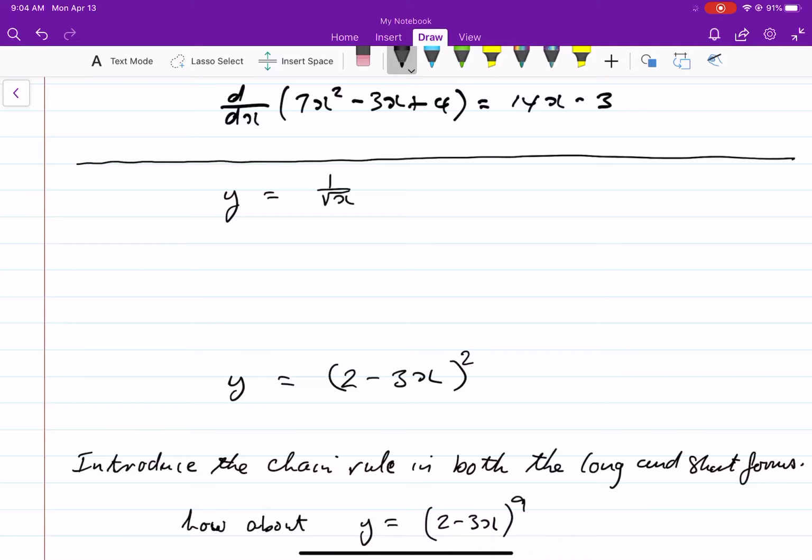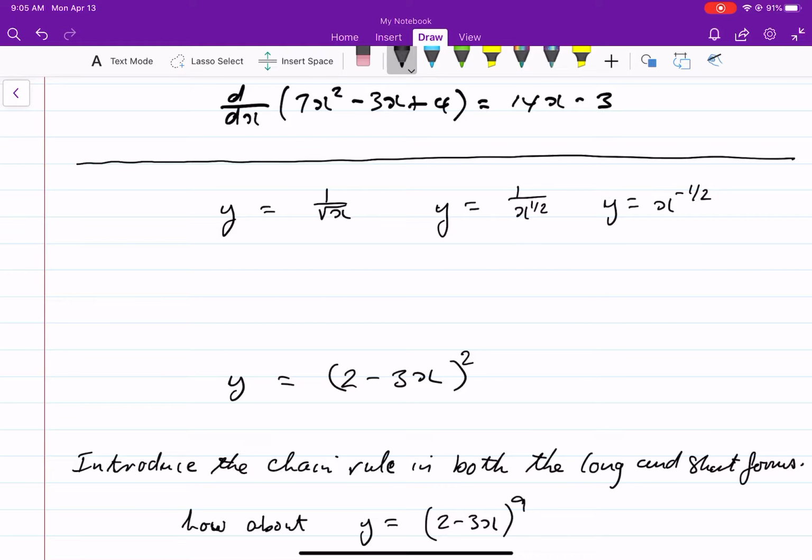The first thing you would do, you'd rewrite it as y is equal to 1 upon root x, and then you throw the root x up into the numerator. 1 upon root x is 1 upon x to the half, and then you throw the x to the half up into the numerator to get y is equal to x to the minus a half.